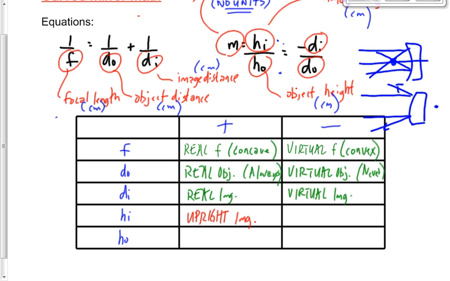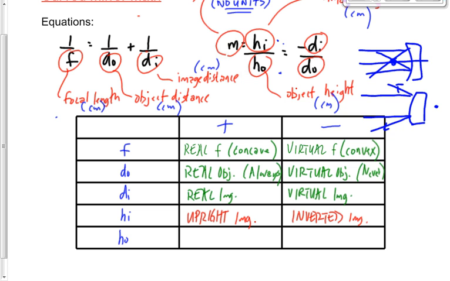HI and HO are always dependent upon upside down, right side up. DI, DO, and F are always dependent upon real or virtual. HO.